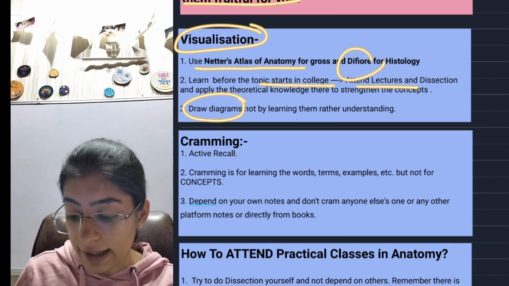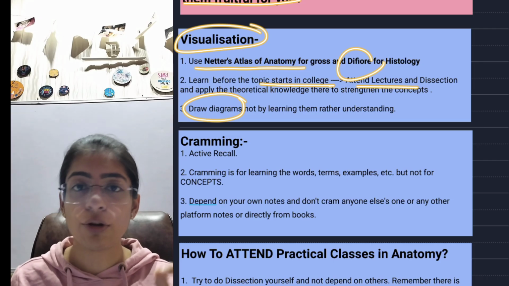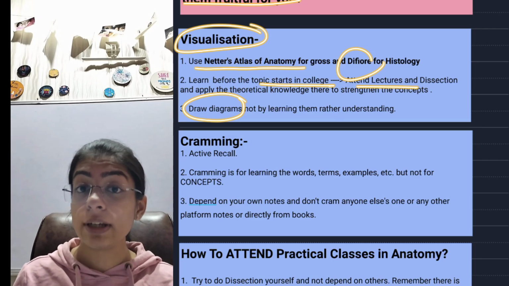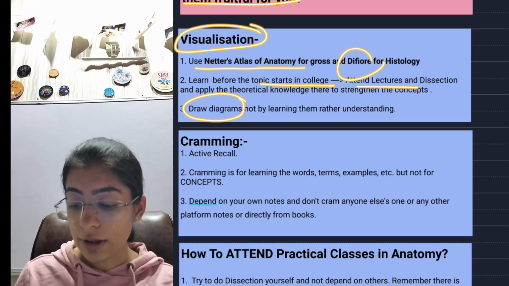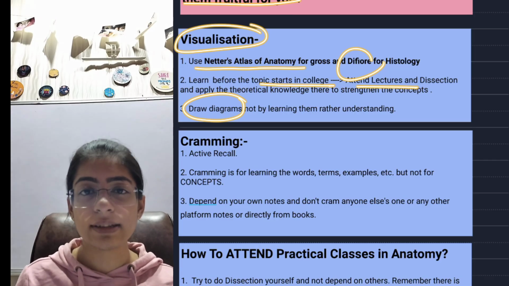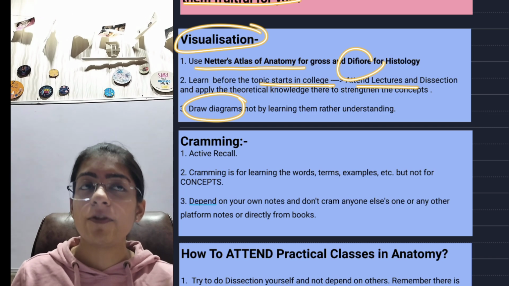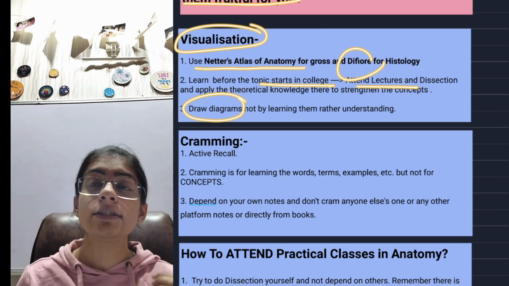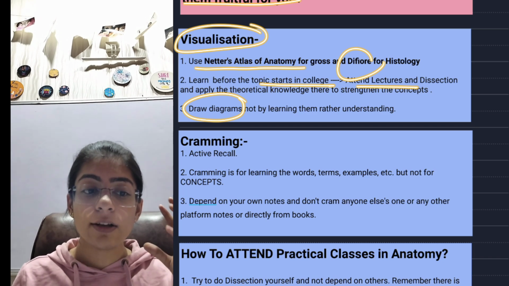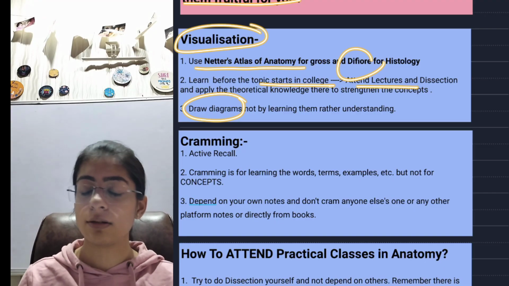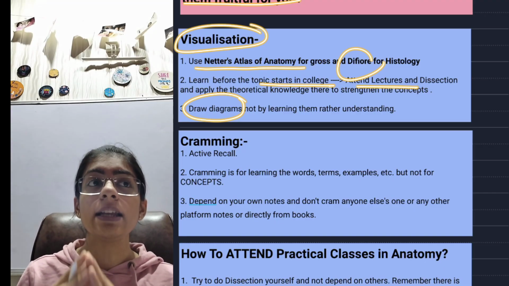Then draw diagrams. You must have got your record books or practical files in anatomy, right? You are not drawing diagrams just for the sake of completion. First, learn and understand the diagram. First, know that yes, I have seen everything in the specimens, and I have learned it.